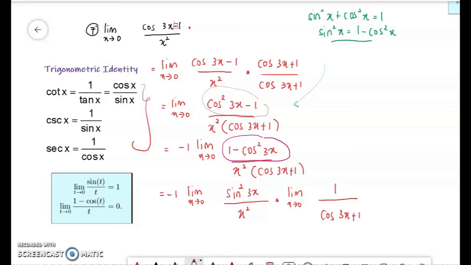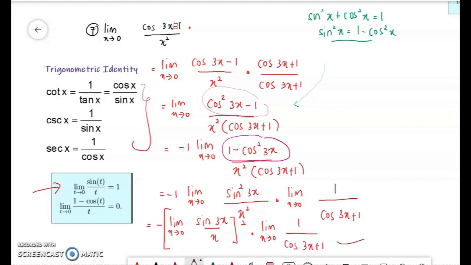Now use the property of trigonometry. So this equals negative limit as x approaches 0 of sine 3x over x, squared, times the limit as x approaches 0 of 1 over cos 3x plus 1.